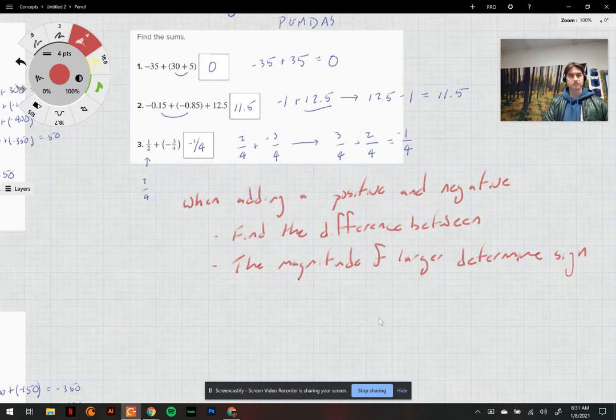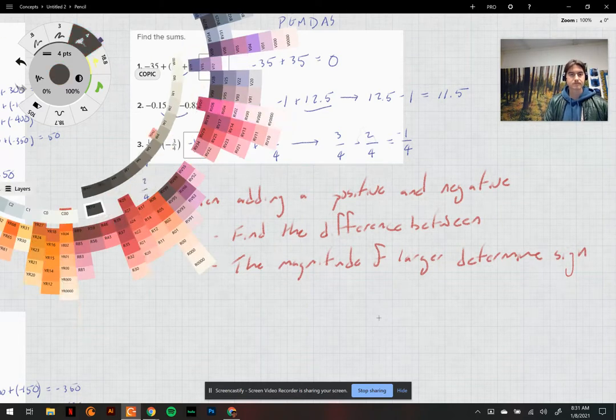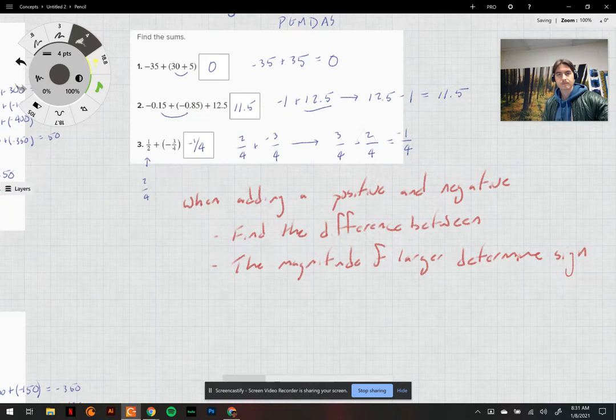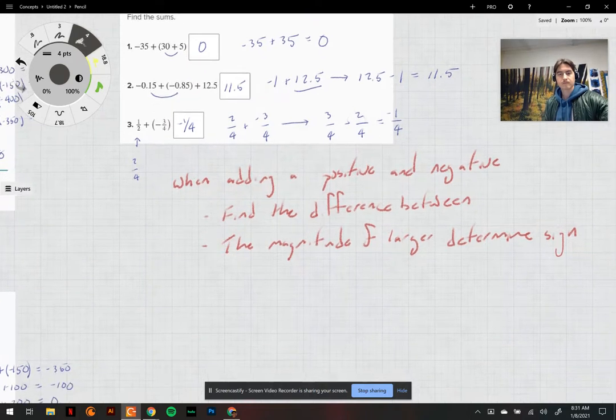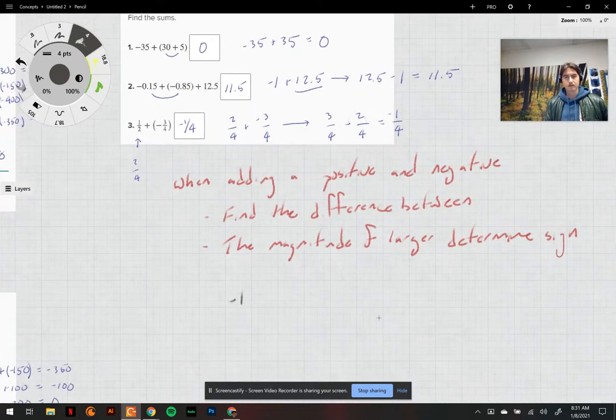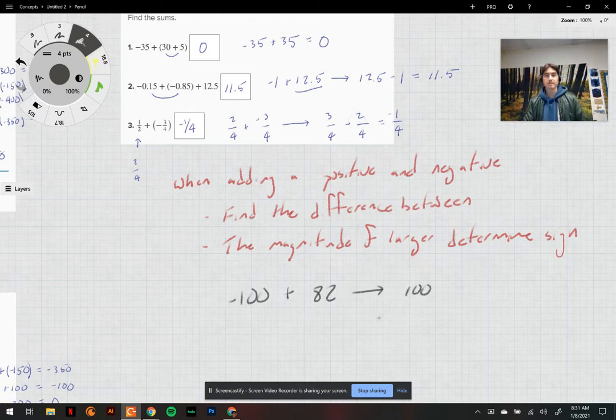Okay, so for example, negative 100 plus 82. I need to find the difference between these two first. So the difference of the absolute values.